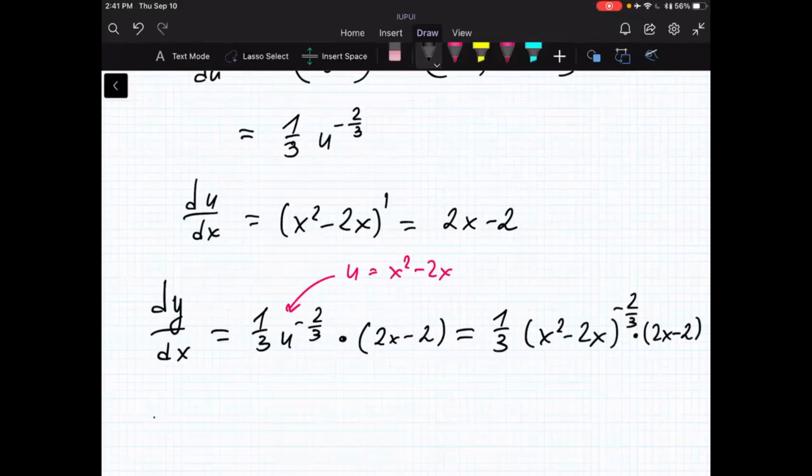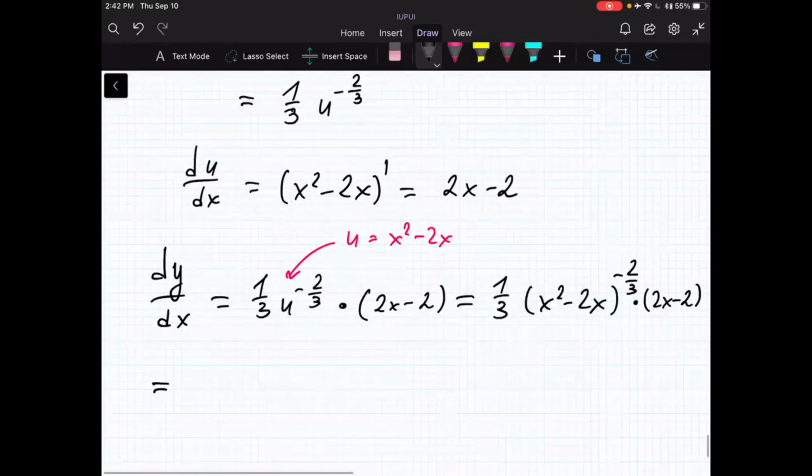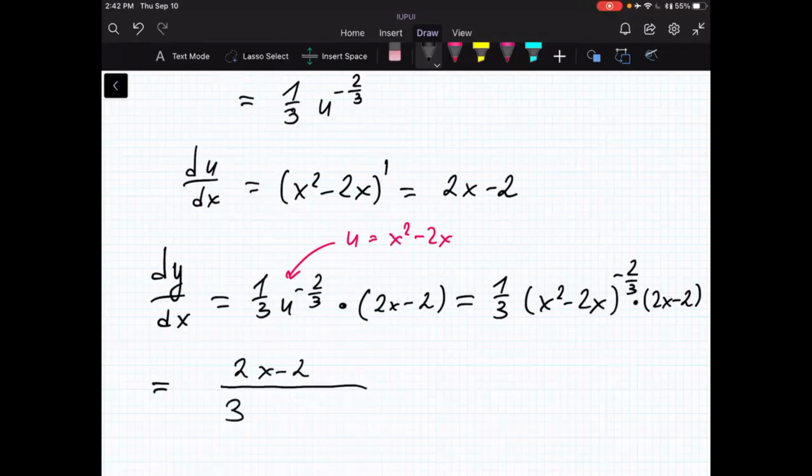Or you can write it in the following way: 2x minus 2, divided by 3 times the third root of x squared minus 2x to the power 2.